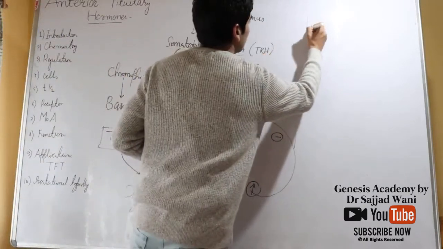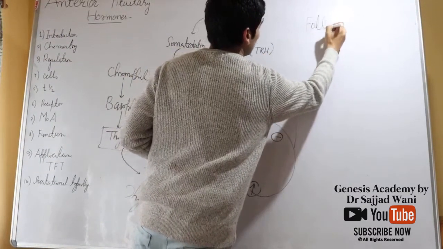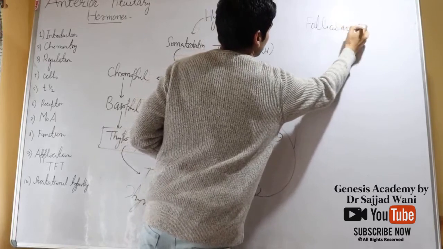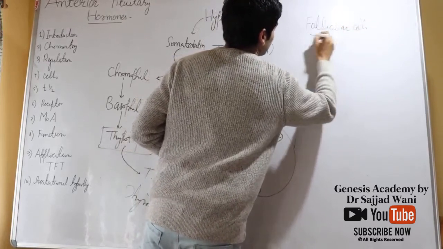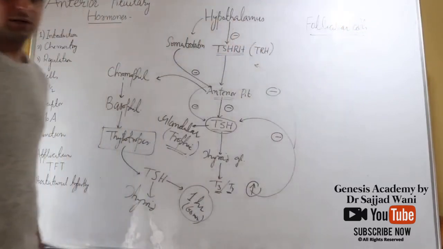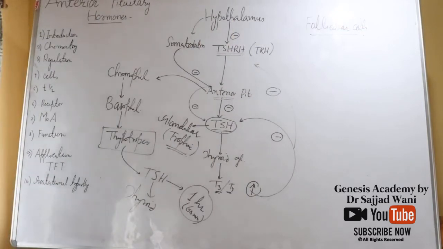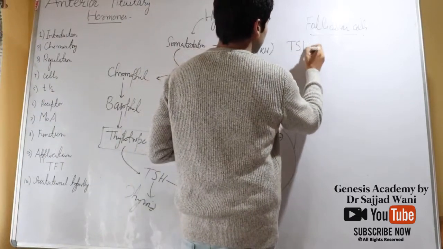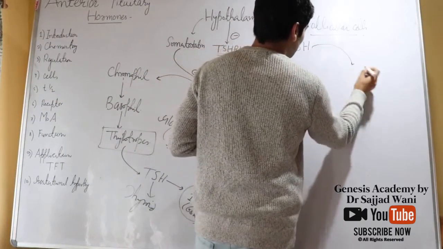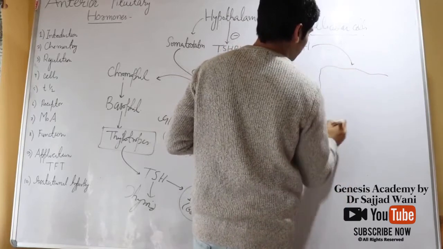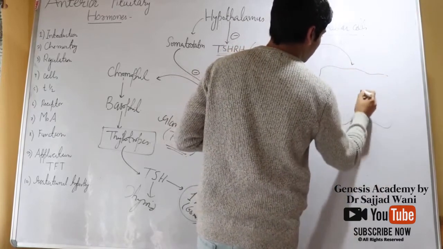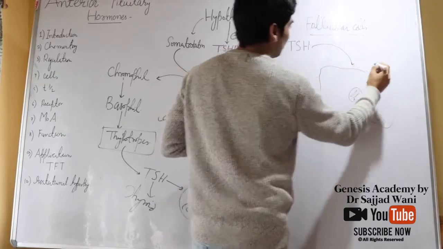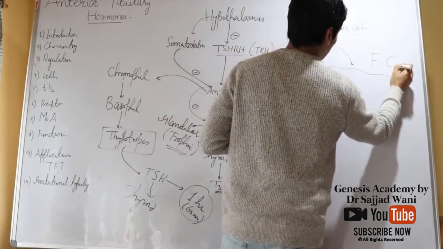You must remember, they are the follicular cells which are present in the thyroid follicles. I hope you understood. So once this thyroid stimulating hormone is released into the blood, it goes to its target cell. Say this is a target cell and this is the follicular cell in the thyroid gland.